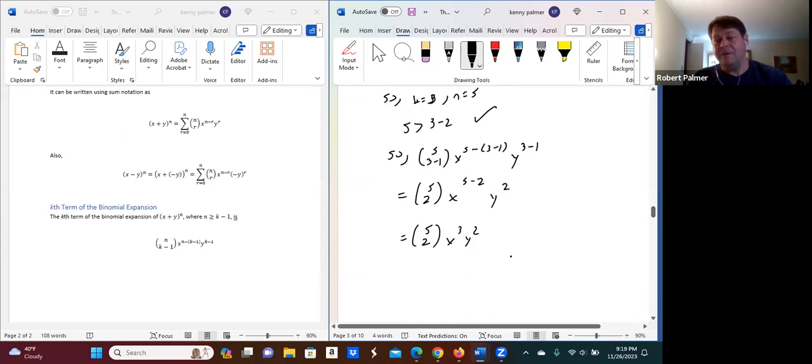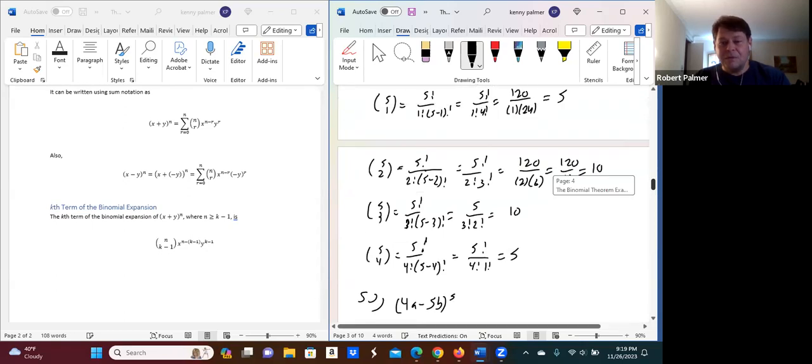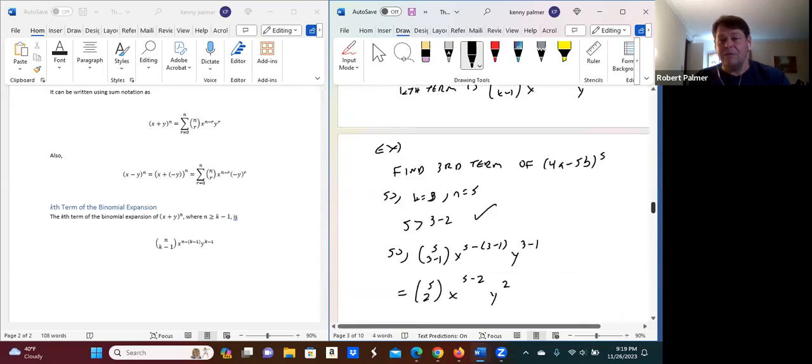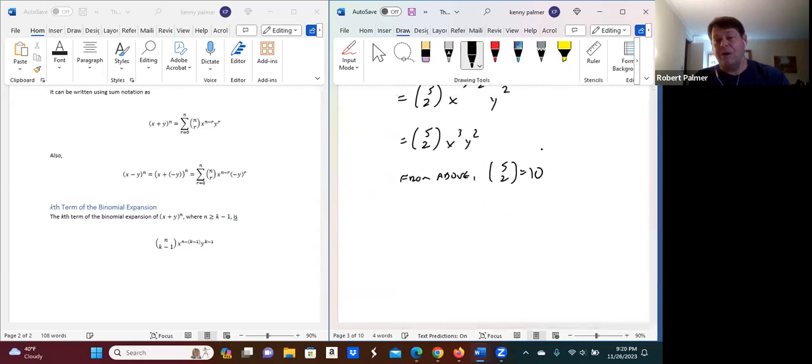Now we know from above, 5 over 2, I think it was 10. Okay, 5 over 2 is 10. And also remember, we said that x was equal to 4a, and y was equal to negative 5b.